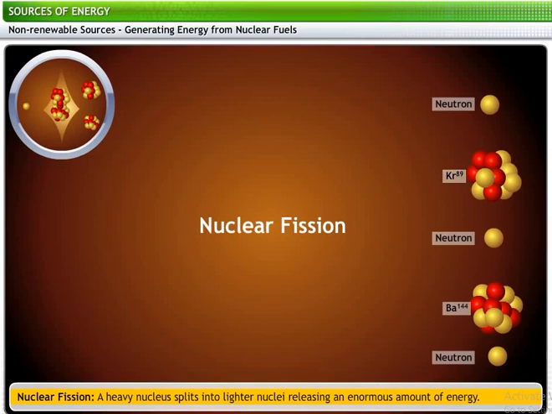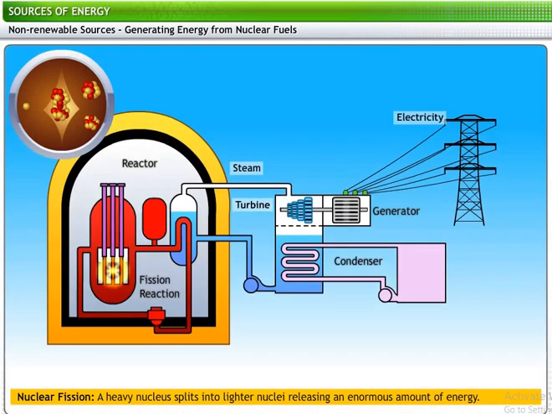The fission reaction also releases 3 neutrons and an enormous amount of energy. We use a process of controlled fission in a nuclear reactor to produce electricity. The heat produced by the reaction is used to convert water into steam, which in turn is used to rotate a turbine and generate electricity.